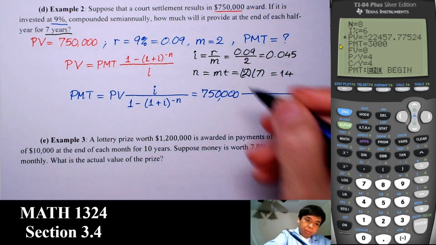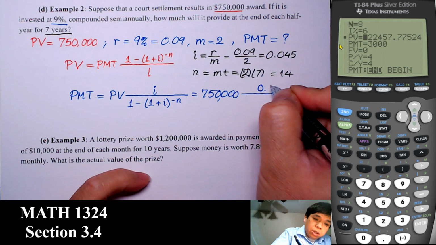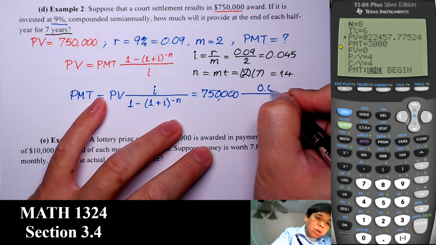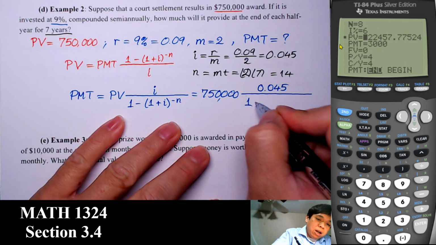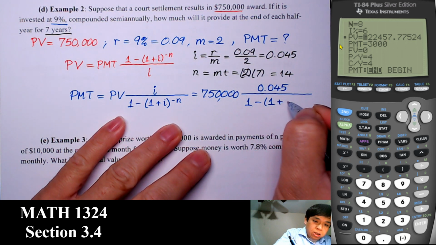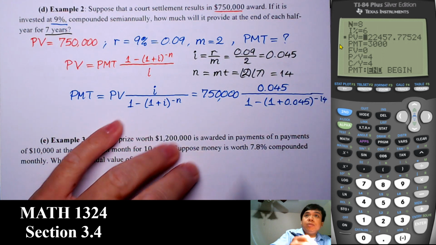So we have 1 minus 1 plus 0.045 to the negative 14, right?